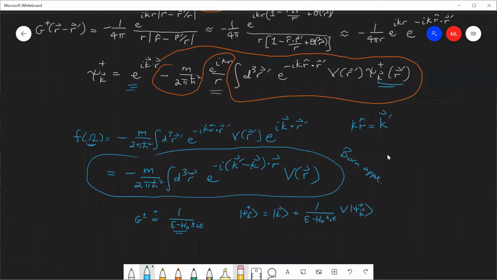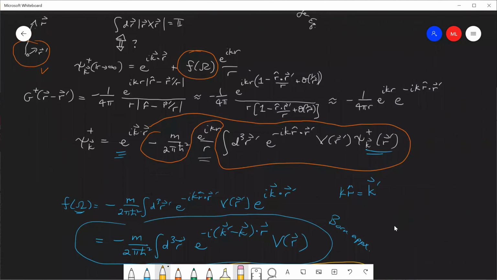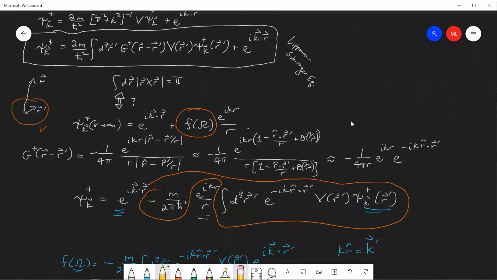But let me just box this for now, and I'll box it in the same color as I'm about to box the Lippmann-Schwinger equation, which is, where is it? Yeah, it's up here. There's an extra factor of 2m over h bar squared, which I keep forgetting about.